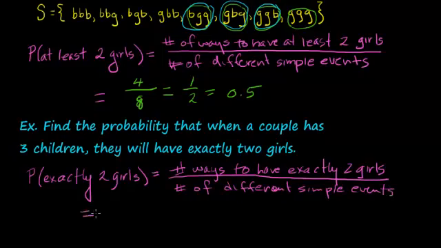So this time, this equals 3 out of 8. And that would be, as a decimal, 0.375. Again, it just depends on what you've been asked to do with your results. Either show it as a fraction or as a decimal. Okay, so we had to come up with these number of ways by looking at the sample space in those 2 examples. Let's look at another one.